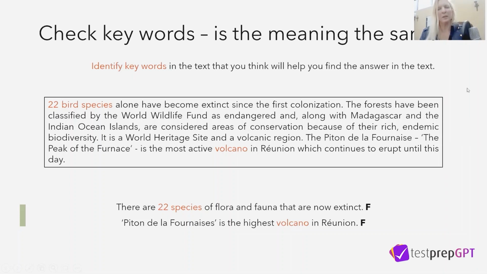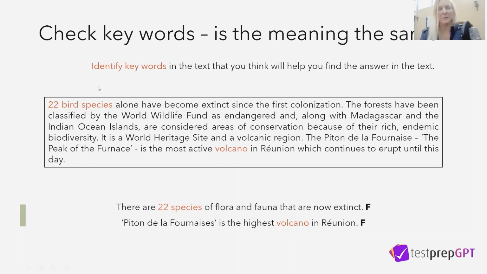So again, when we look back at this same passage, we see the word 22 bird species appears in the text and appears in the answer. The word volcano also appears in the text and the answer. But let's check the sentences. So it says there are 22 species of flora and fauna that are now extinct. Let's go back quickly.